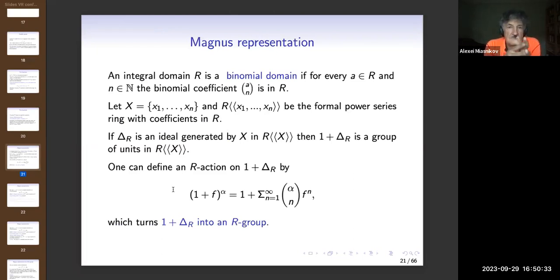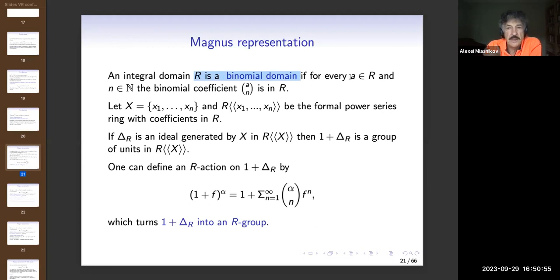Before that, of course, much before, Magnus introduced his representation of free groups. So I will describe it in a little bit more general context, but suppose R is a binomial domain.